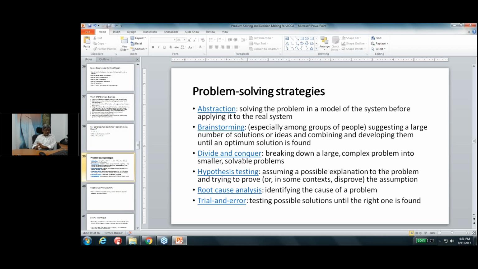This is the way to identify the actual cause behind the problem, so that we will be able to identify not only the problem, but also solve it. And the next is trial and error. We all do that, some work, some don't, and we accept the thing that works best.